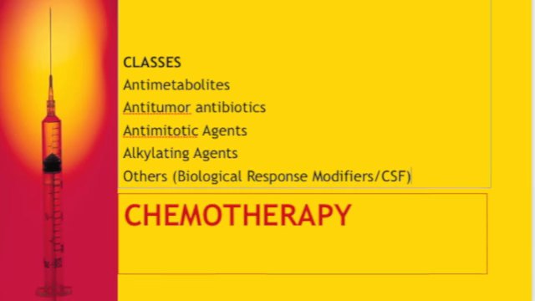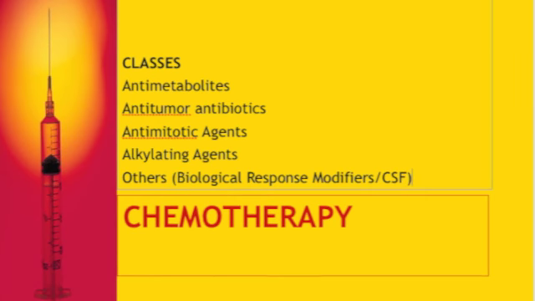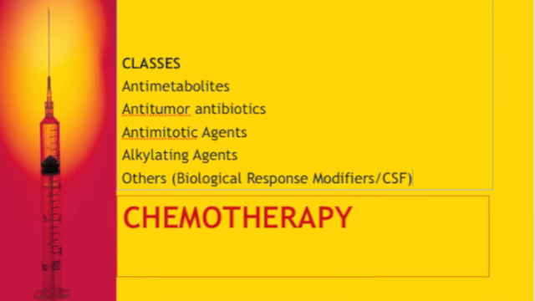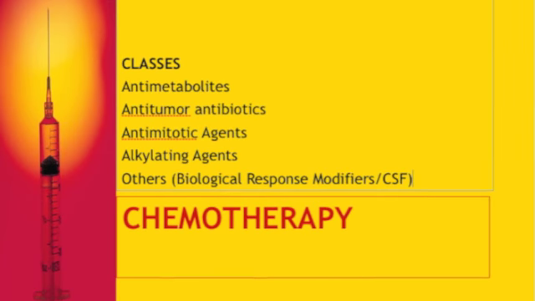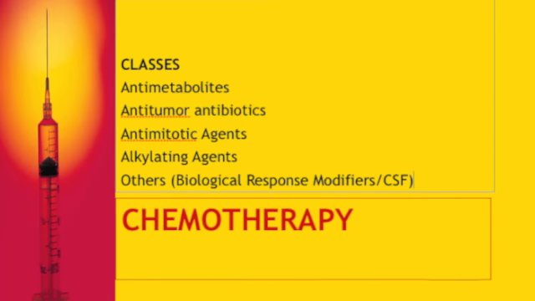Okay, for the specifics of our drug classes in the chemotherapy or antineoplastics, I need you to divide them into antimetabolites, anti-tumor antibiotics, antimitotic agents, and alkylating agents. In the other category, what I want you to touch base on is the biological response modifiers, to include interleukin and interferon alpha.